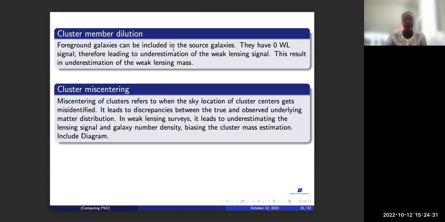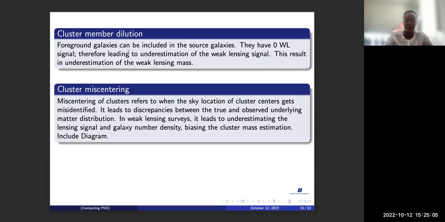The other two systematic effects are cluster member dilution and cluster miscentering. Cluster member dilution is where we consider foreground galaxies, or galaxies within a cluster, as members of the cluster. We expect the foreground galaxies to have zero weak lensing signal, so if we include them when computing the weak lensing signal, it dilutes the signal that we're expecting.